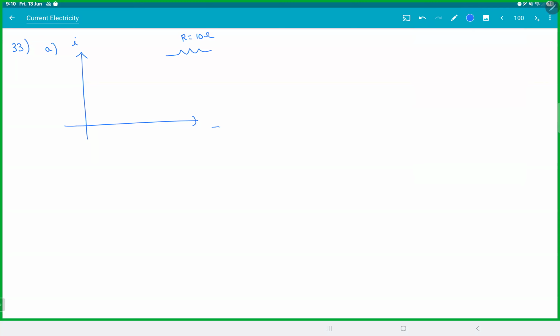This is a graph between current versus time. Current I is flowing through the resistor, and this current is a linear function. Current decreases linearly from 10 amperes to 0 amperes in 2 seconds. If this current goes through a 10 ohm resistor, find the heat produced. So you have a variable current.